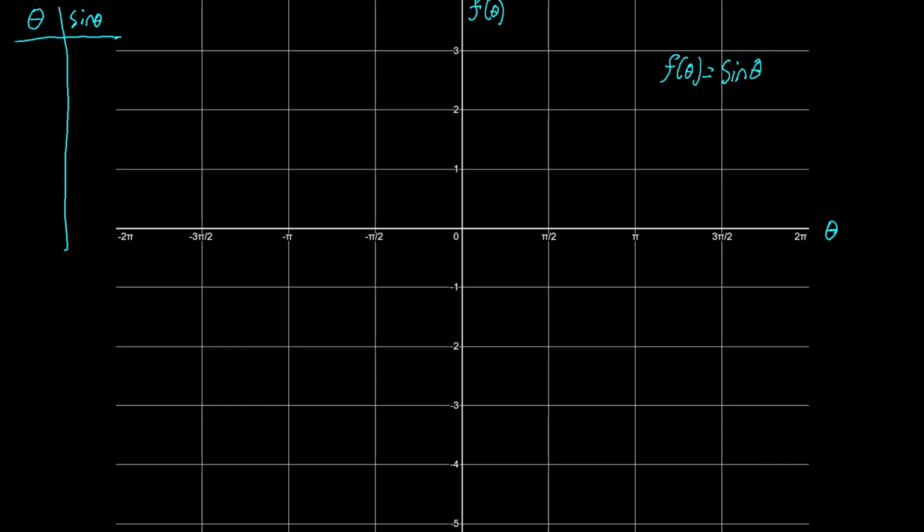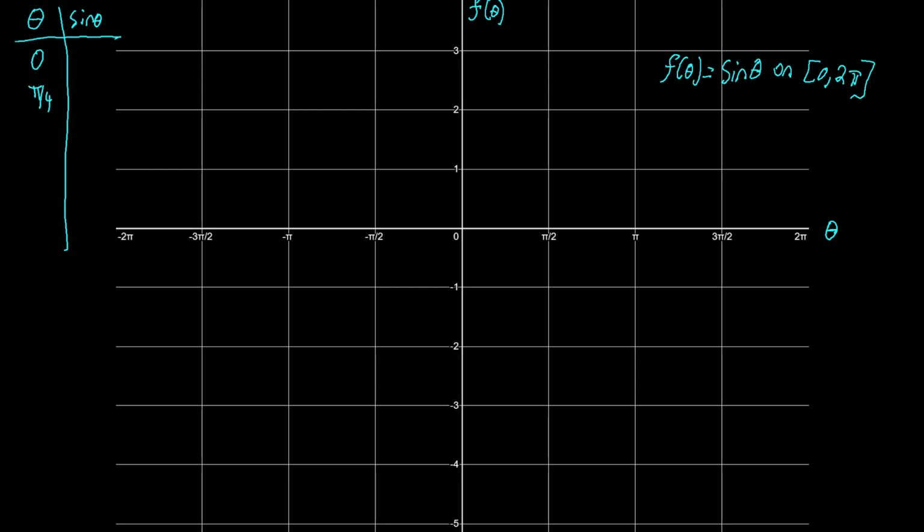So we want to start with 0. That's what it said. Because this was f of theta equals sine theta on the interval from 0 to 2 pi. So we want to start with 0. And then let's count up by pi over 4s, because those are the easy ones to do.